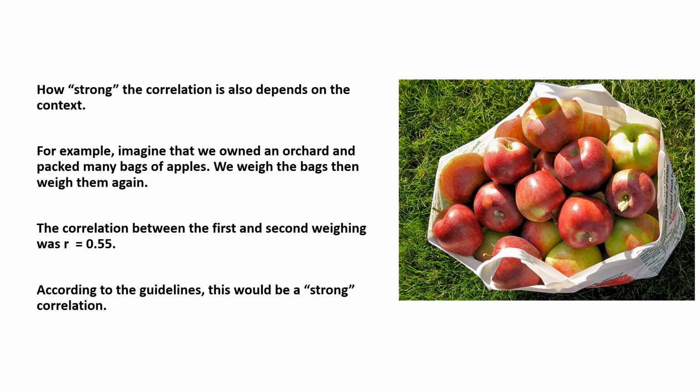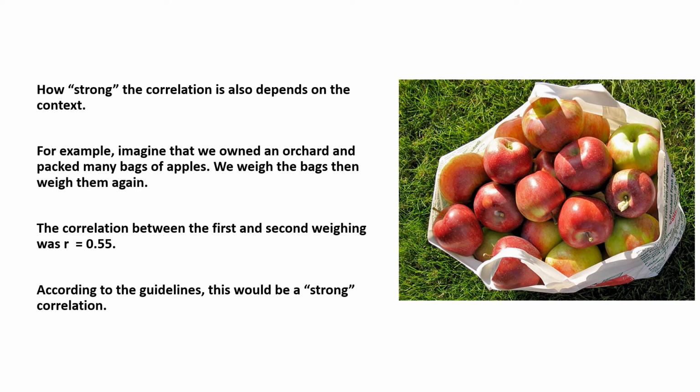And as I said before, how strong the correlation is does depend a lot on context. So let's say you're looking at an orchard and you pick many bags of apples, weigh the bags, then weigh them again. The correlation between the first and second weigh is 0.55. According to our guidelines, that's strong.